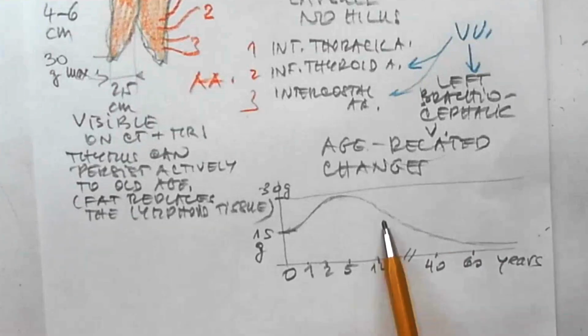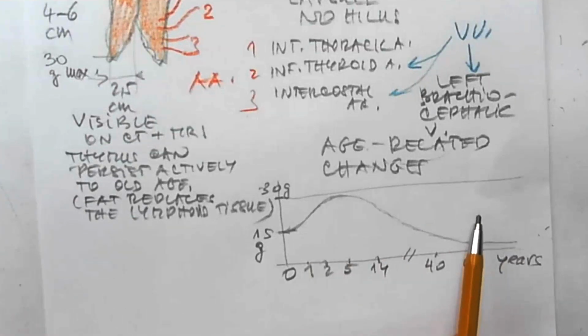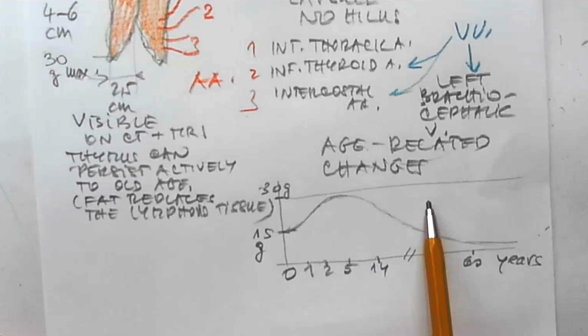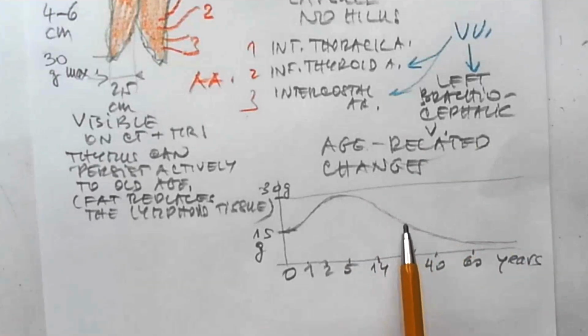So we know that in this period of regress, the thymus is infiltrated by fatty tissue.